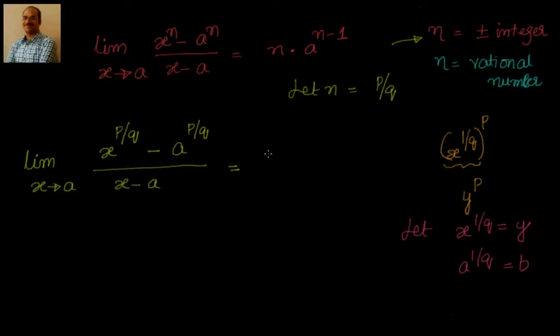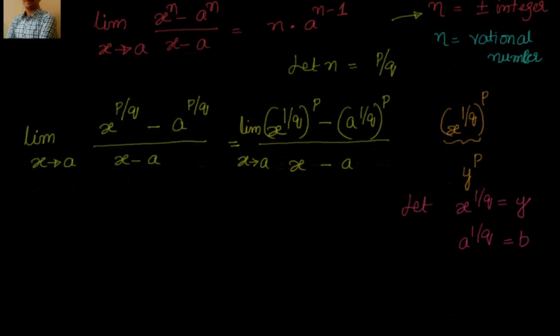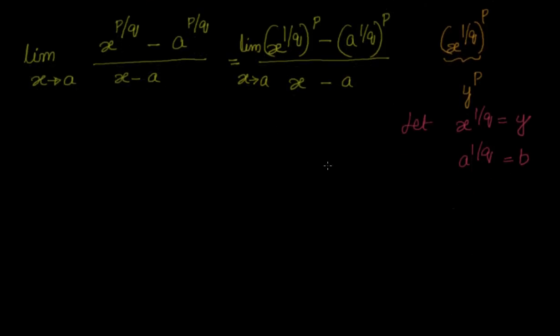This becomes x to the power of 1 by q whole to the power of p minus a to the power of 1 by q whole to the power of p divided by x minus a. I have to say limit x tends to a. That's mandatory. Without that, it's meaningless. Till you substitute, you should always say limit x tends to a. Okay. What will be the next step now?